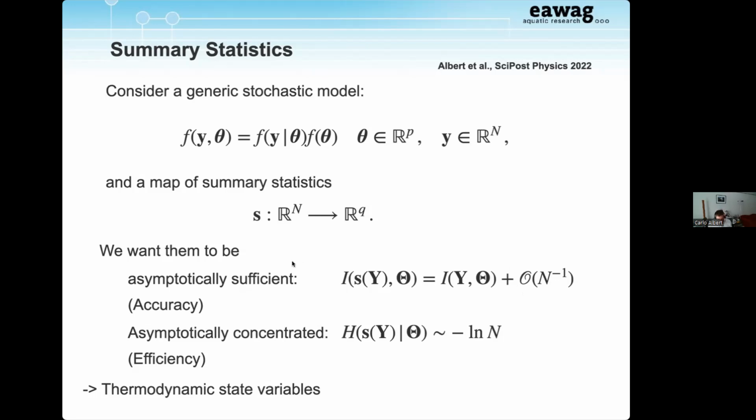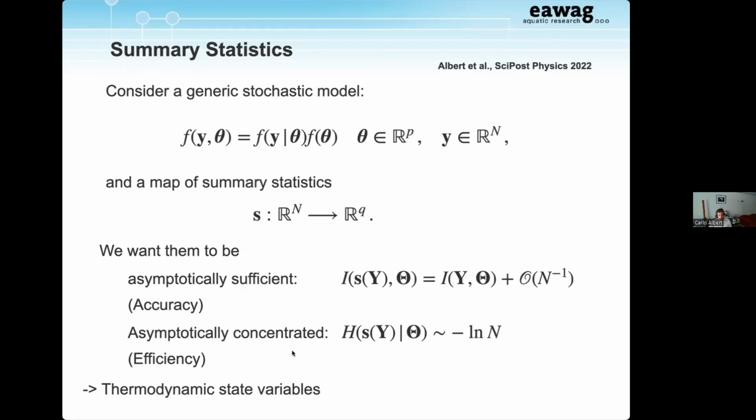So that's an accurate posterior, and the efficiency can also be formulated in information theoretic quantities. Typically people say we want just few summary statistics, but I think the number of summary statistics is not so telling. You can always add correlated summary statistics, and that doesn't really deteriorate the efficiency of the algorithm. At the same time, you might have only few summary statistics, but they're very noisy, and that also hampers the convergence.